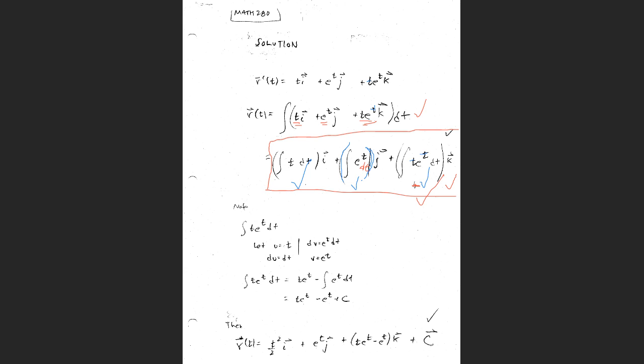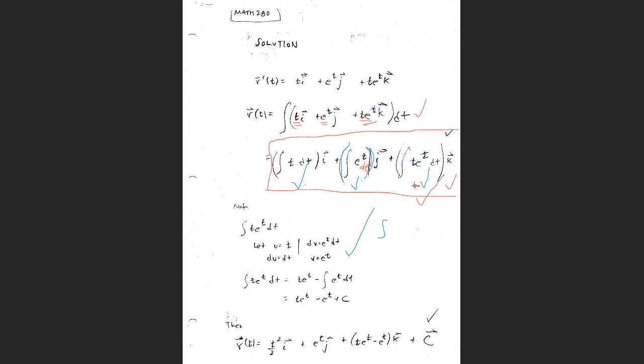What procedure am I using here to integrate the integral of t times e to the t dt? Integration by parts.